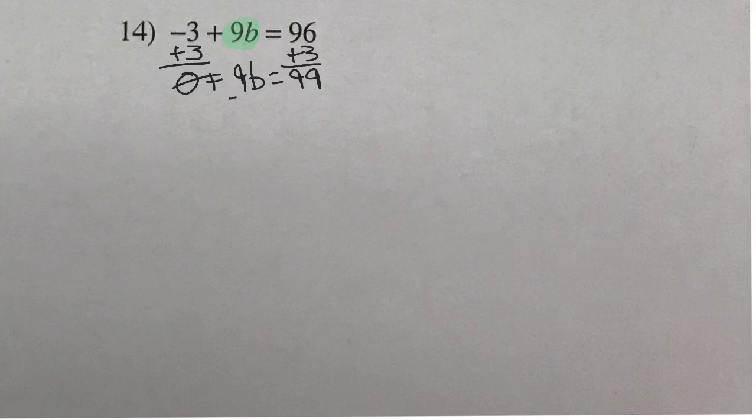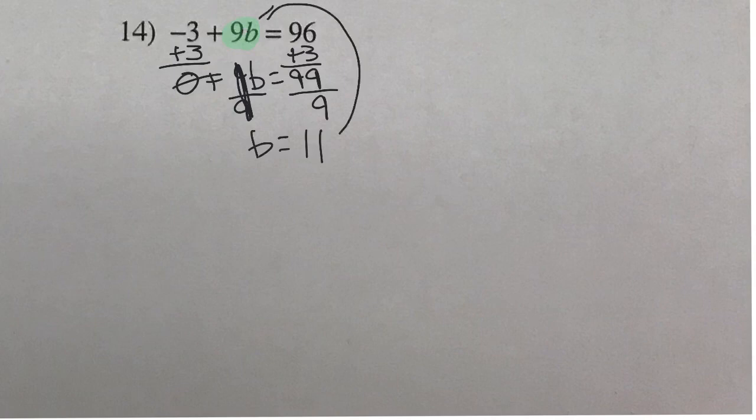So I'm going to do the inverse operation, and I'm going to use that coefficient. I'm going to divide 9b by 9, which cancels out the 9s, and I'm left with b. But what I do to one side, I do to the other. And so 99 divided by 9 is 11. So I end up with b equals 11.